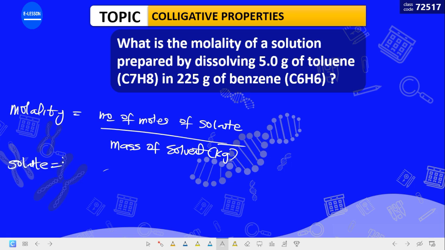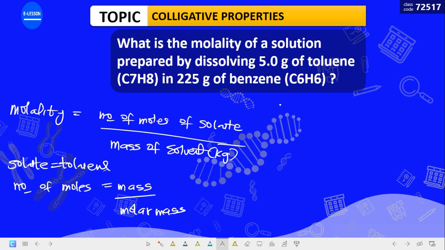The solute is toluene, right? This is not the spelling, it's toluene. So for our molality, let's calculate the number of moles first, because we need it. Number of moles of toluene is equal to mass all over molar mass, right? So the number of moles of solute is equal to mass all over molar mass. Now, what is the mass of toluene given?